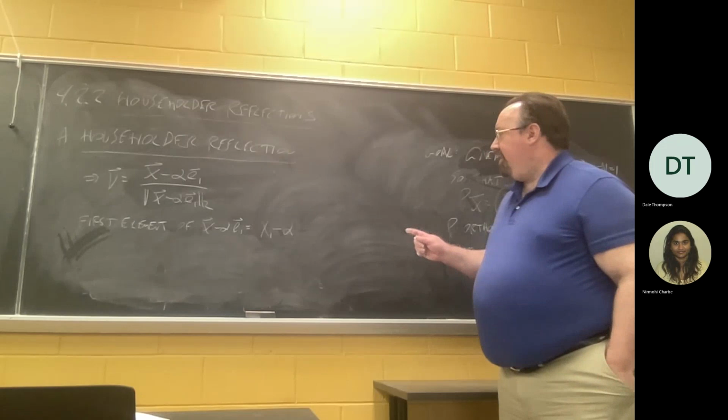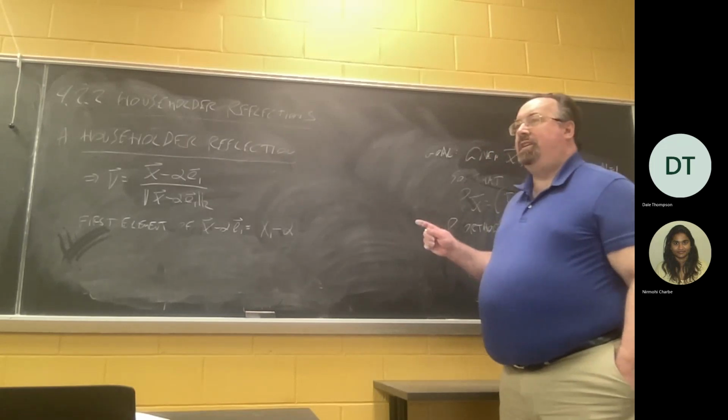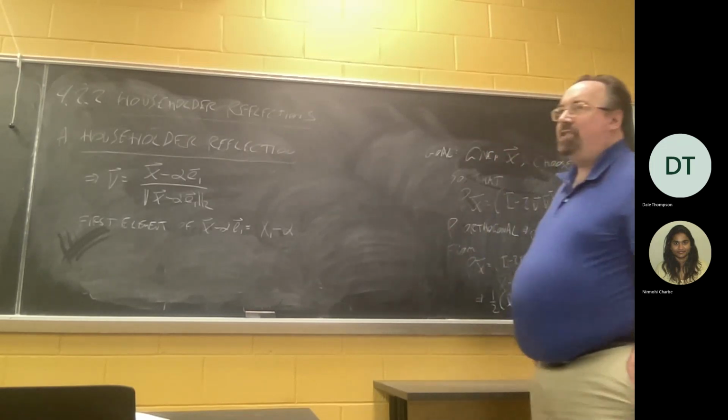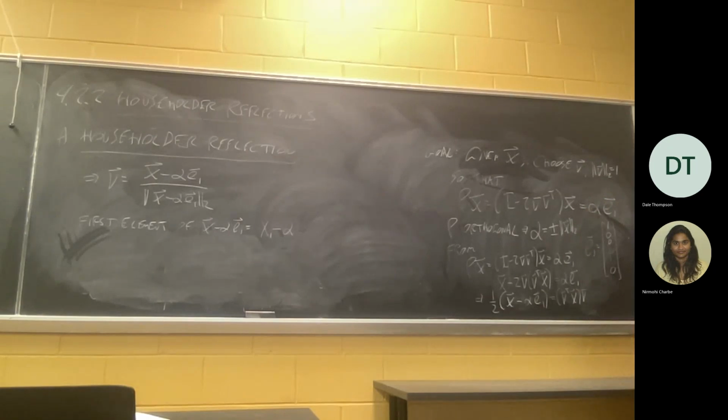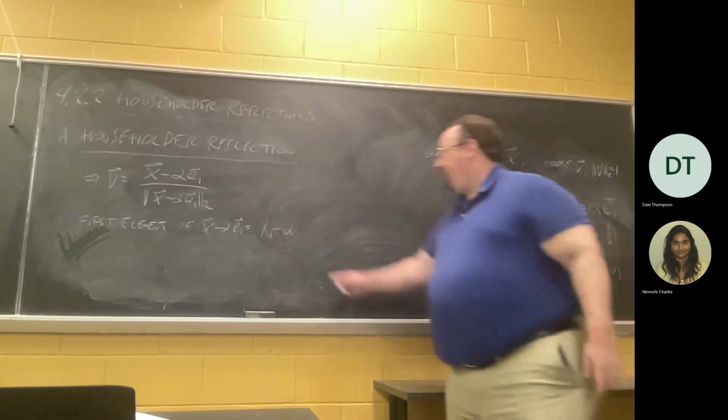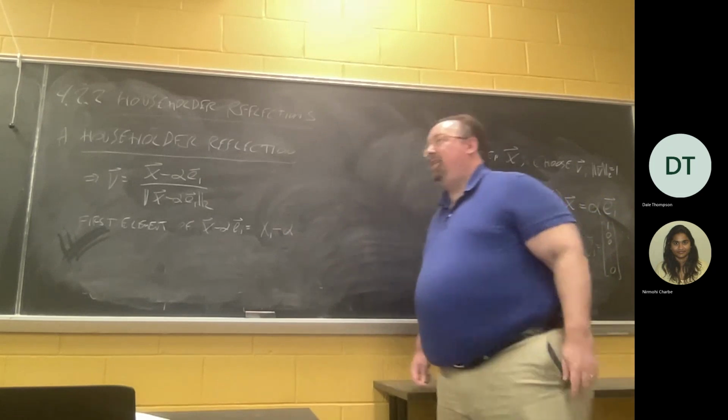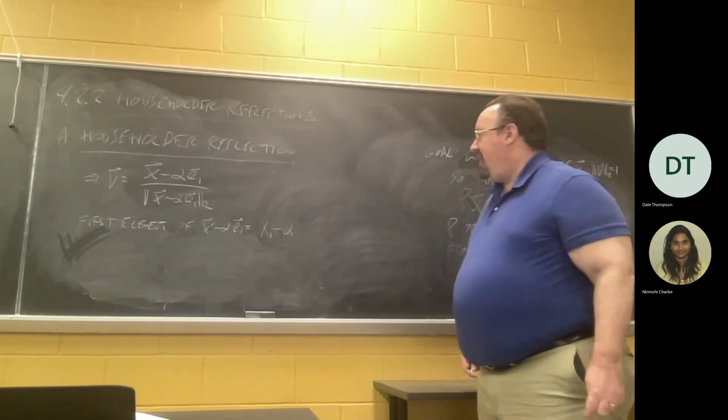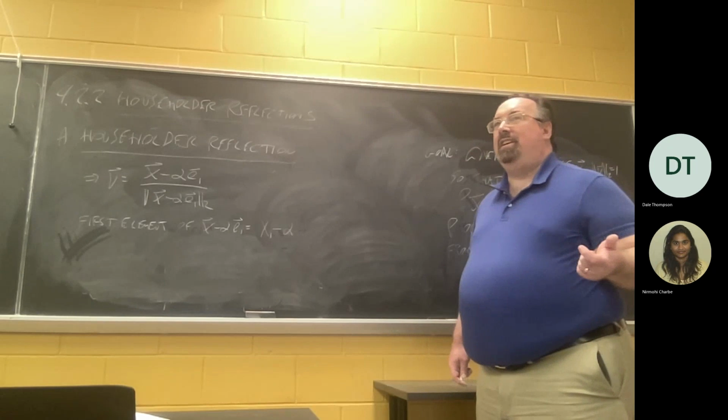So here we have a subtraction, and we don't like subtraction. Subtractions can lead to catastrophic cancellation. For instance, if the vector X is nearly E1, these two numbers will be close to each other if they're the same sign.